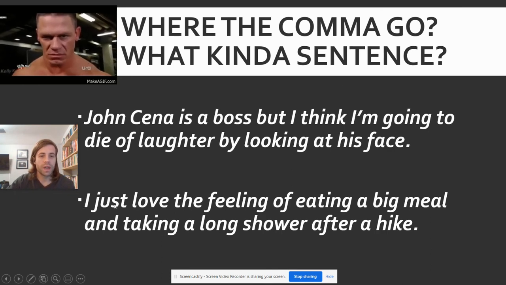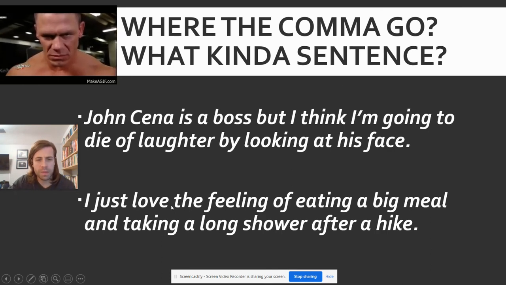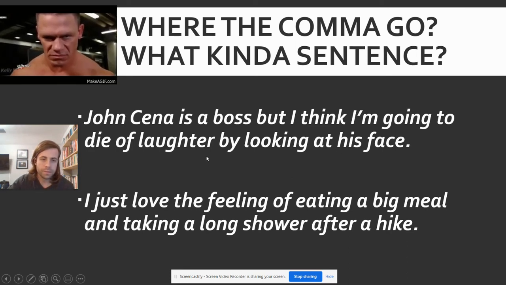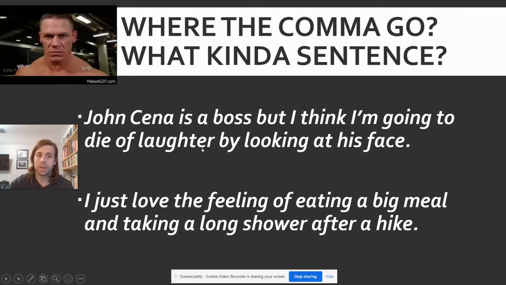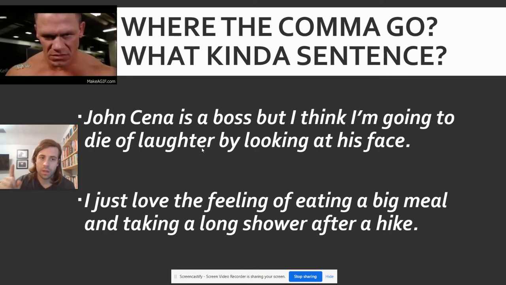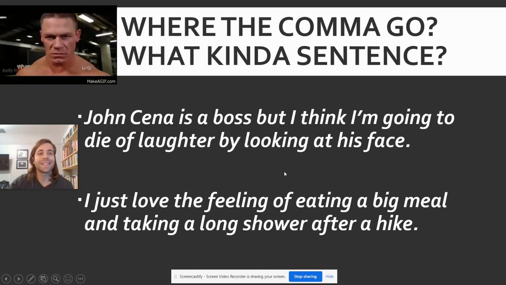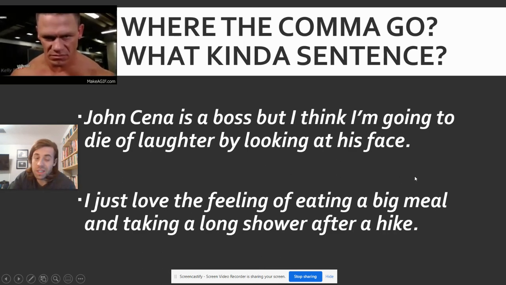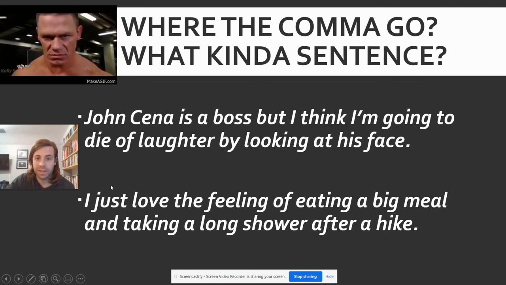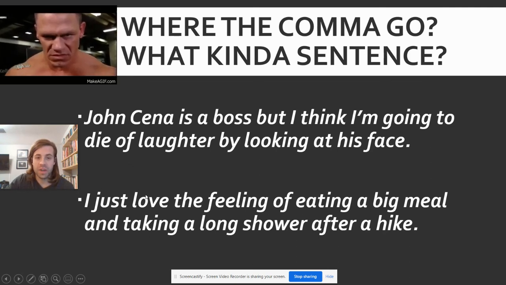How about this next one? I just love the feeling of eating a big meal and taking a long shower after a hike. 2 things that I do love to do. So here, again, pause, test yourself. And what we have is a simple sentence, but it just has a lot of words, but it's still a simple sentence. Because what am I doing? I love, and what do I love?